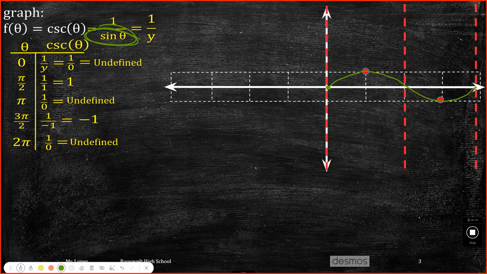And what I'm going to do is I'm going to cheat. Unless you really want me to do some more work. But I could tell you what it's going to look like. The graph is going to look like this.